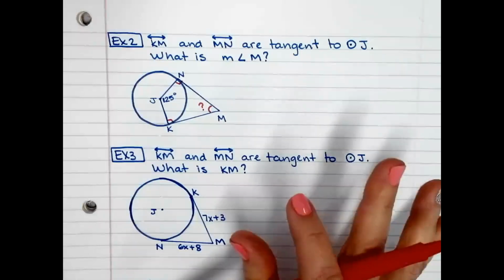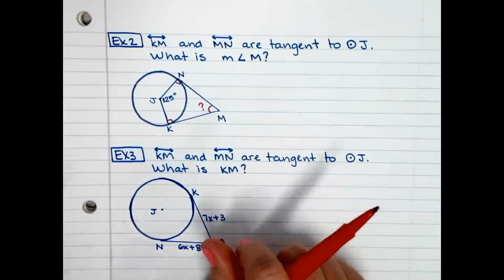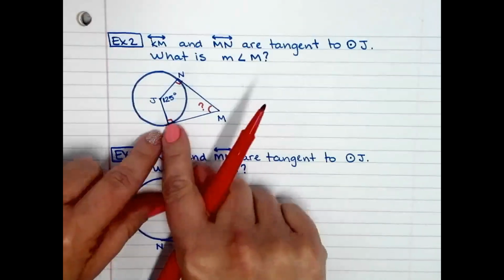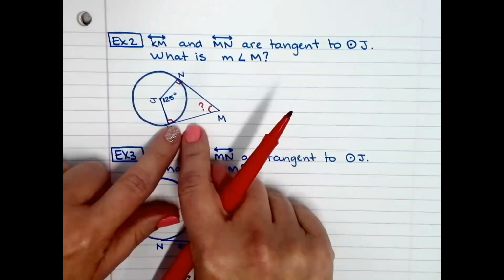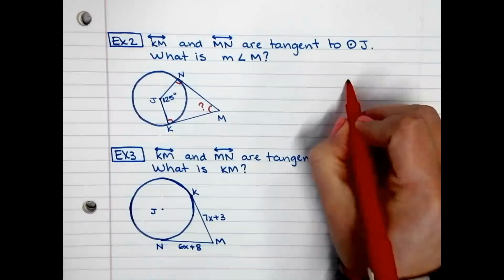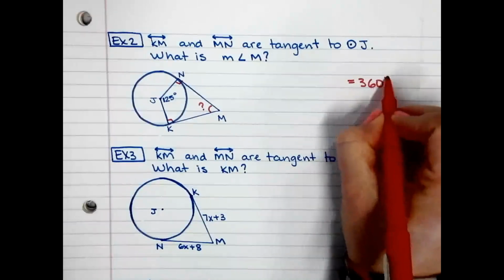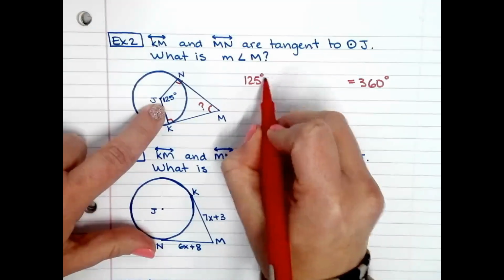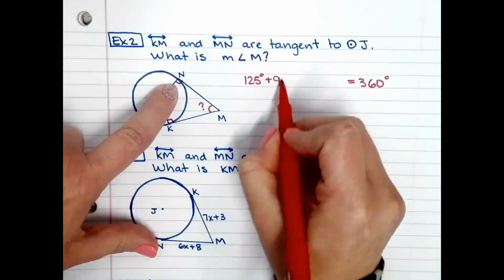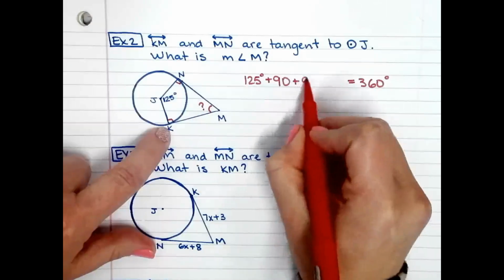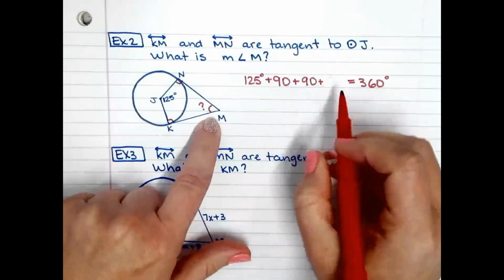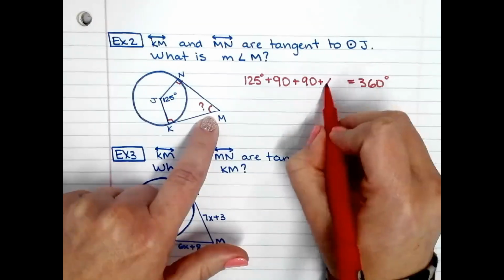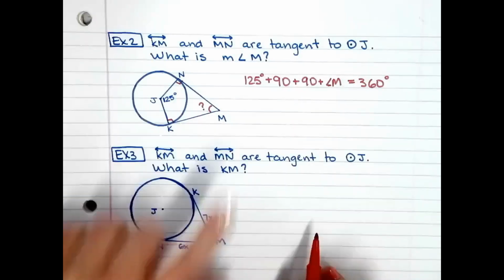I know it's a kite, but we're not going to talk about quadrilaterals today, just what we need to know. The sum of all the angles of a quadrilateral adds up to 360. I have 125 degrees right there, 90 degrees from that, 90 degrees from that, and the degrees of angle M, and that's what we're looking for. Measure of angle M.